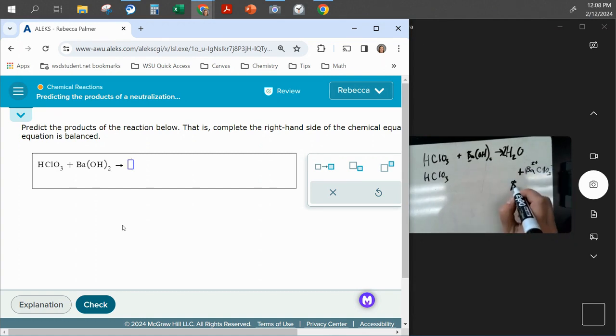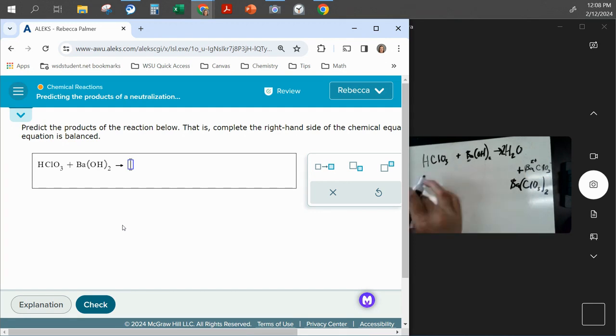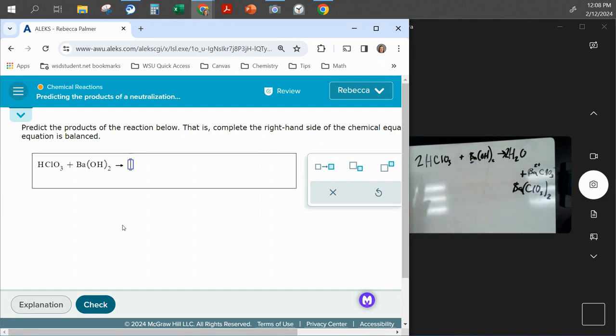So I'm going to need 2 chlorates to balance the barium. So this one, I needed 2 of the acids to balance the 2 hydroxides, and then I needed the 2 chlorates to balance the charge on the barium.